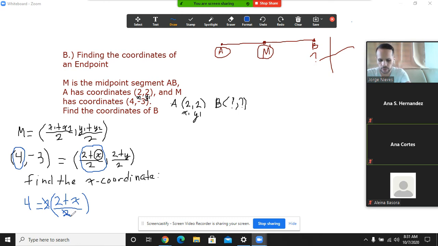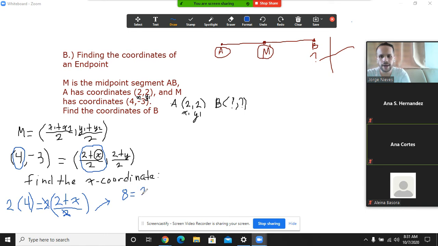Okay? And we also got to multiply by 2 on the other side of the formula. So this is going to look like this. I'm going to do it here. ¿Cuánto es 2 por 4? It's going to be 8. And that is equal to, what I have left on the other side?